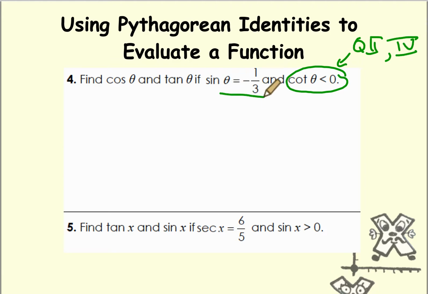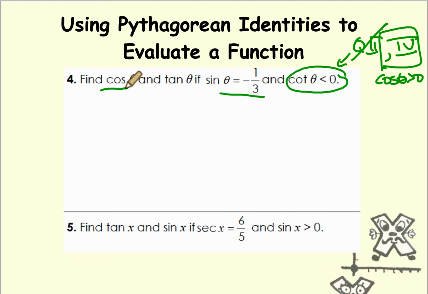Now, since sine is negative also, sine is not negative in quadrant 2, which means we're looking at a quadrant 4 angle. And in quadrant 4, remember, that's where cosine is positive. So we know that when we evaluate the cosine, we're going to get a positive number, and when we get the tangent, it's going to be a negative.